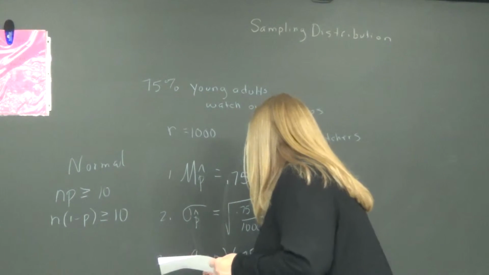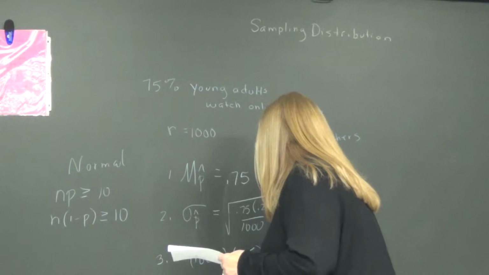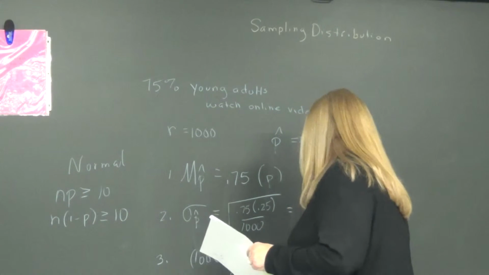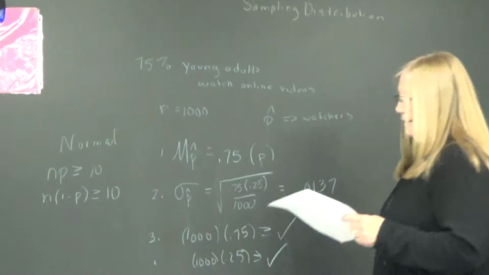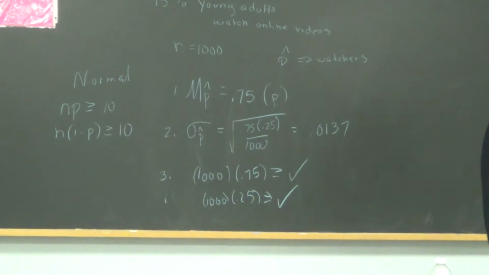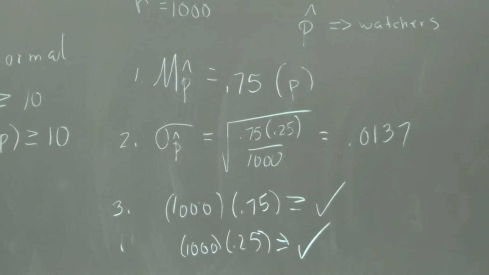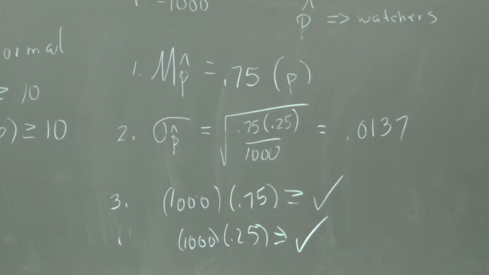And what about 1,000 times 1 minus p, which is 0.25? Is that greater than 10? Yes. So very quickly I can see that it qualifies to use the normal distribution methods.